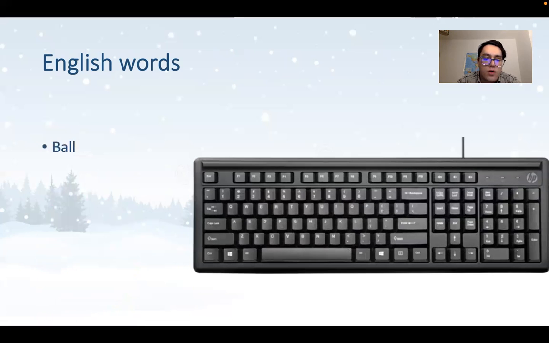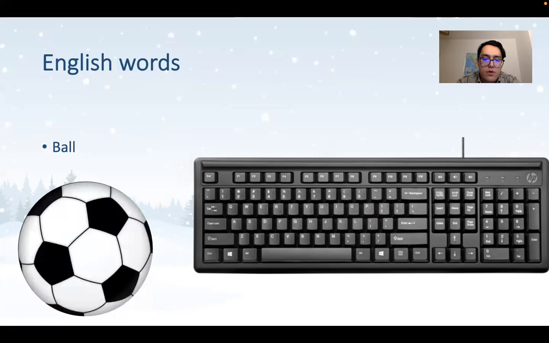Next, we have ball. B, you find it right here in the middle. A here, L here. So you press B, then A, and then you press L, and you press it again because we have two L's for ball.